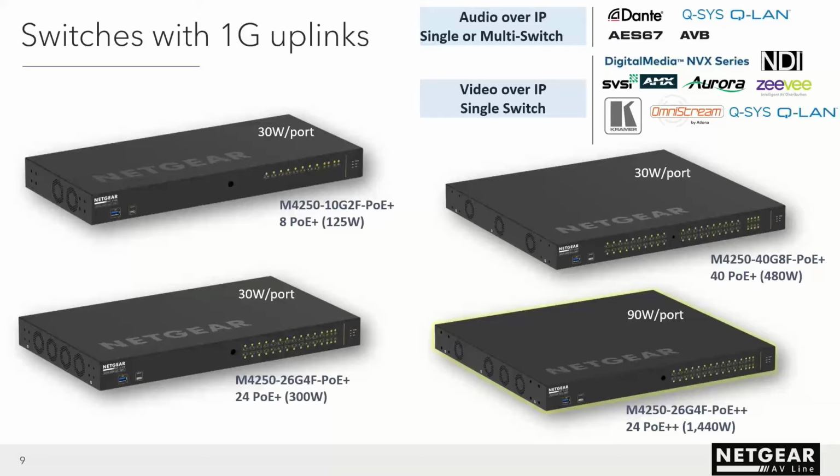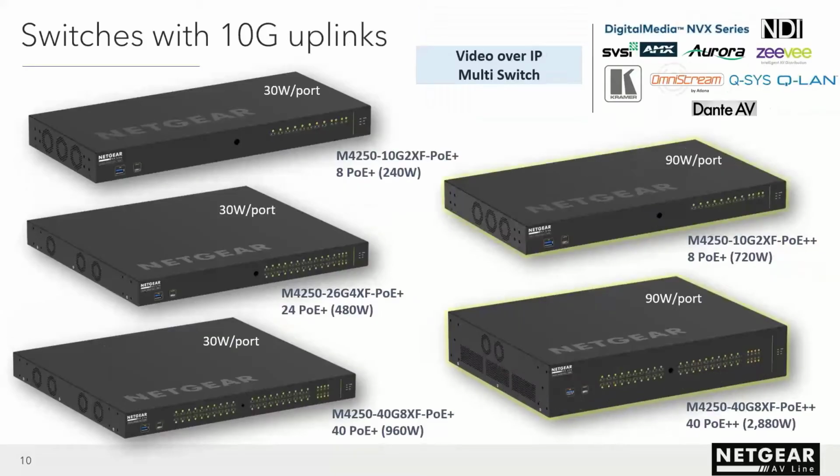Because with video, you do need the second group with the 10 gig uplinks to carry videos in and out across switches. So the first group, 8, 24, 48s, and 24 ports of Ultra PoE for those power-hungry devices like the QSys NV32Hs, for instance, or the first generation of the Crestron NVXs, the 350s.